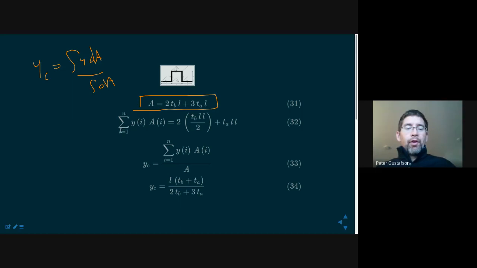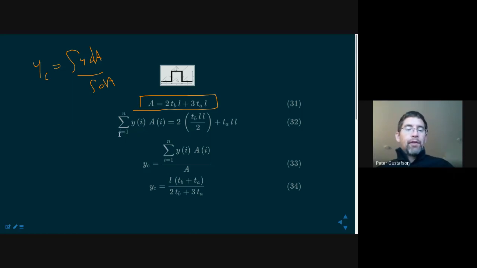And now the integral of y dA can also be expressed as the sum of the local centroids of the various segments i.